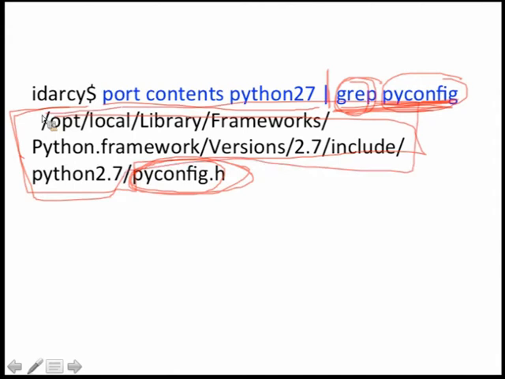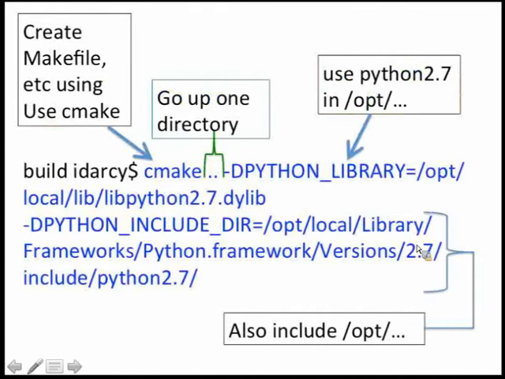And so that is how I got this second one right here, how I knew where my library of header files was. So that's my CMake command. That was a CMake command that worked for me. You may need to modify the CMake command to make it work for you. Any questions here?